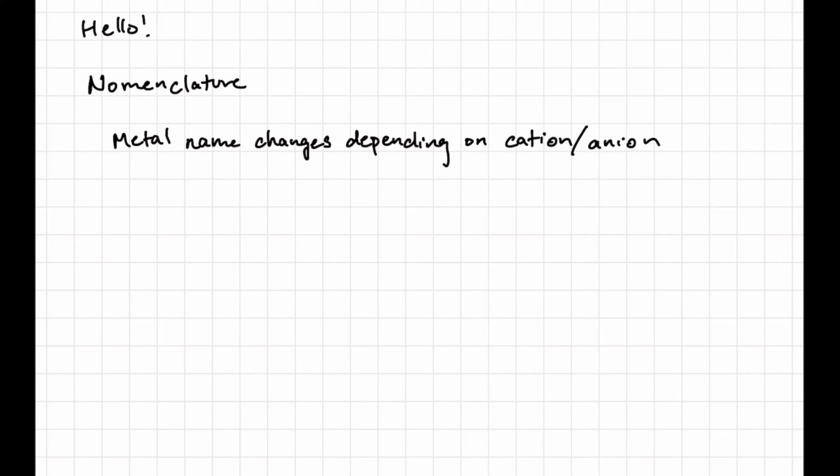If it's a cation, that means it's a positive charge, then you keep the name the same as the metal. So for example, if I were to just make up one on the spot, something like this, it would be something, something, something. Remember, ligands first. And then because it's a cation, I could say iron.